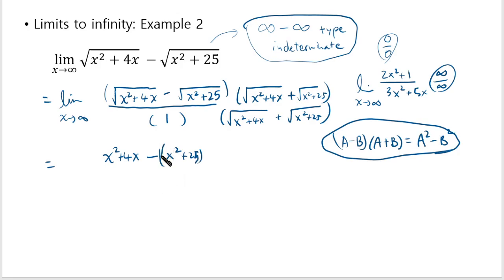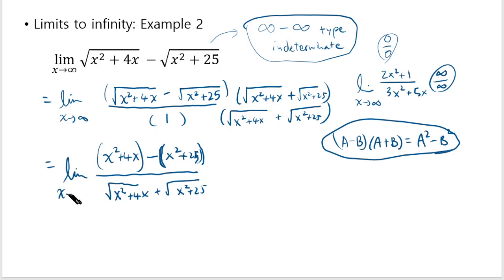Now what's important is that you shouldn't forget this parenthesis. The first parenthesis is okay to leave out, but the second one is crucial because without it you're going to make a mistake in the sign. So we have this, and then you divide by the bottom, which is square root of x squared plus 4x plus square root of x squared plus 25, as x is taken to infinity.